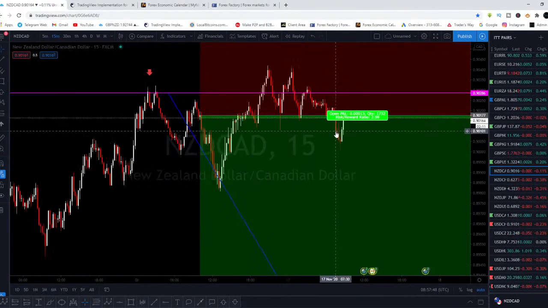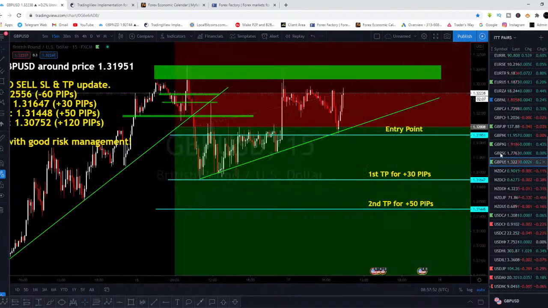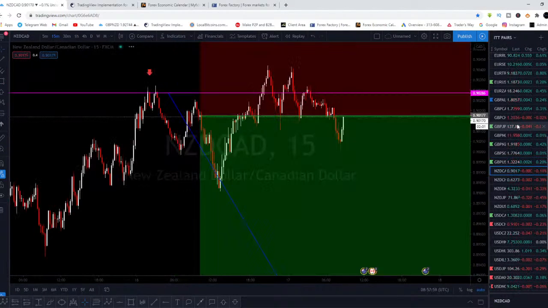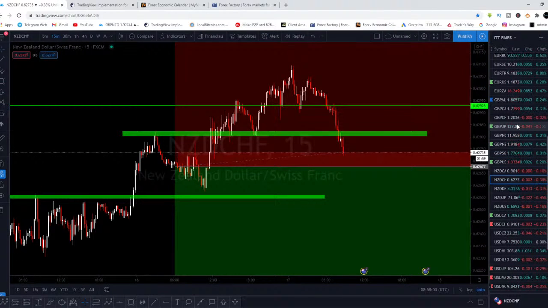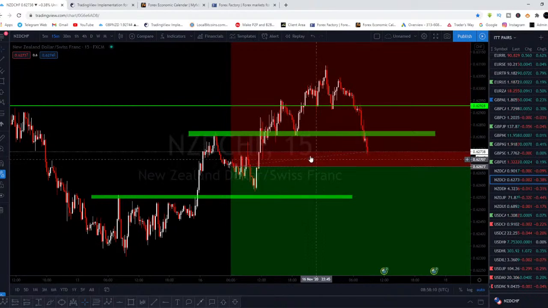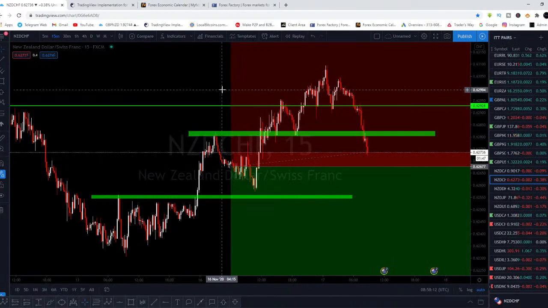See NZD CAD as well trying to come up again for this move. It does move with GU, man. But this guy is trying to be in profit now. I might close this at break even though. Let me see.